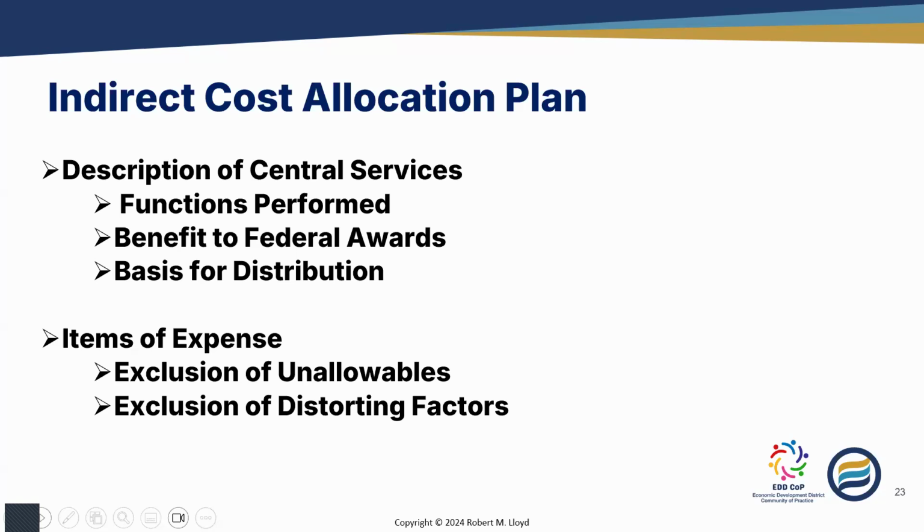Well, the options are modified total direct costs, salaries, wages, and fringe benefits, and salaries and wages. If you think that through, modified total direct cost is going to be the bigger number. So if you divide the stated indirect cost by MTDC, as it's known, you're going to end up with a lower percentage rate than you would if you divide that allocated indirect cost by salaries and wages alone.